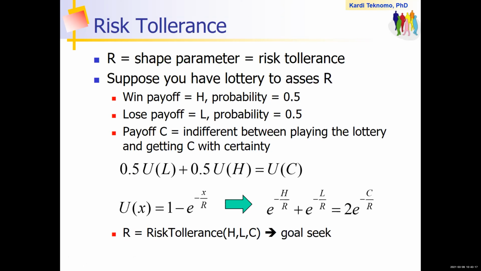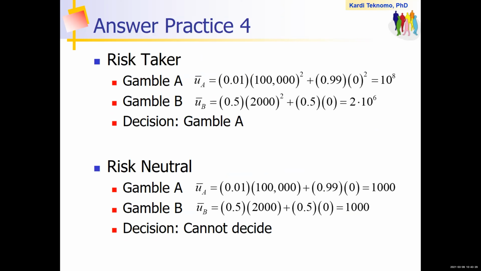Can you get it or not? So once you get that, you can calculate for each decision type: risk taker, risk neutral, and risk averse.